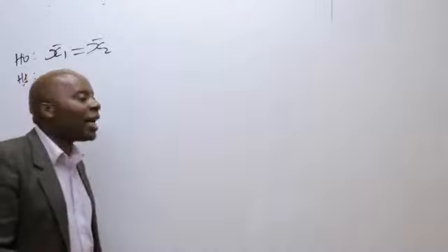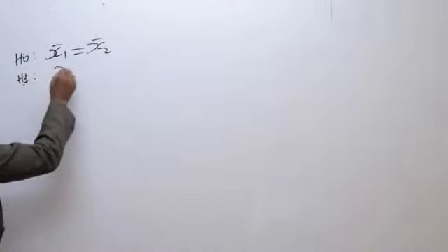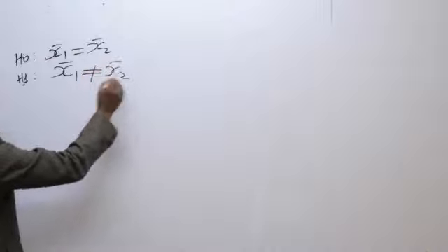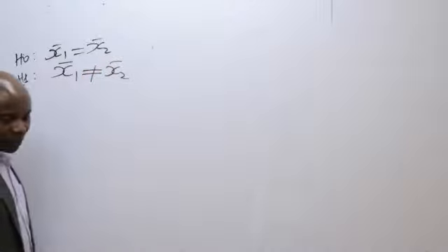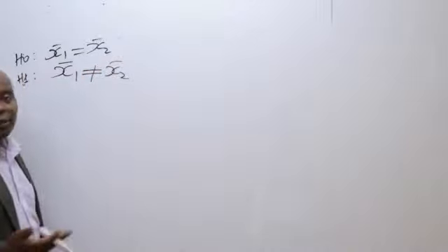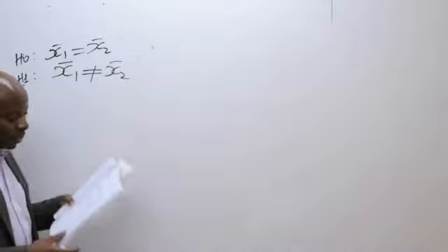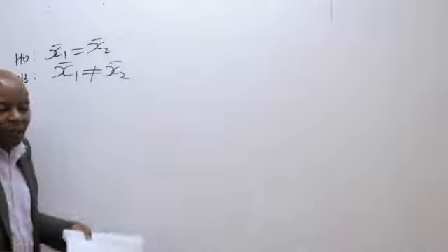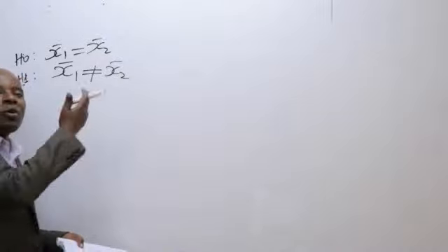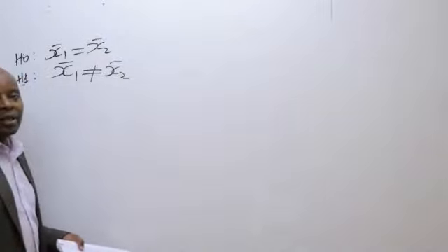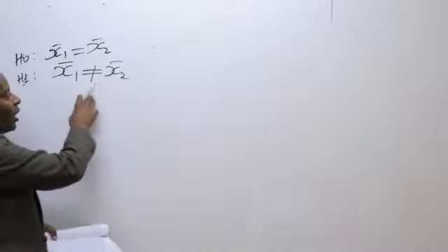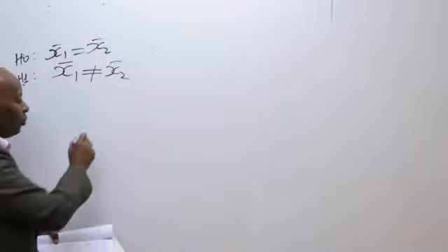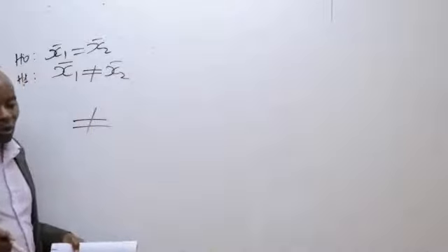So the proper symbol that we need to use here is X bar 1 is not equal to X bar 2, because they haven't told us whether X bar 1 is more or X bar 2 is more. They want us to determine whether the quality of the two types of electric components differ significantly. They can differ when one of them is either bigger or smaller, so it should be not equal. You put the equal sign and cancel it, not equal like that.